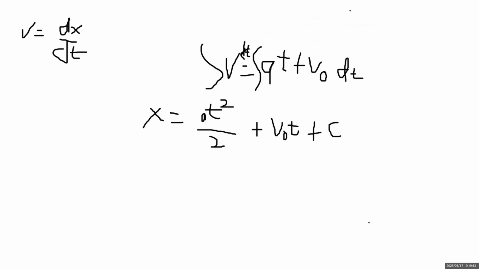Now what is that arbitrary constant? x of 0 is of course x naught. So we put 0 in for t here. We have a times 0 squared over 2. That's 0. That goes away. v naught times 0, whatever it is, that goes away. And we have c equals x naught.